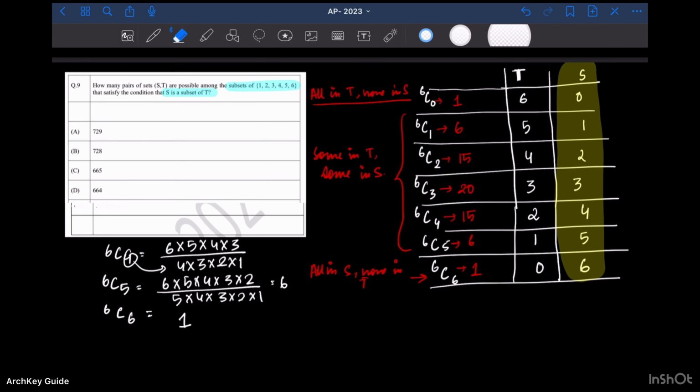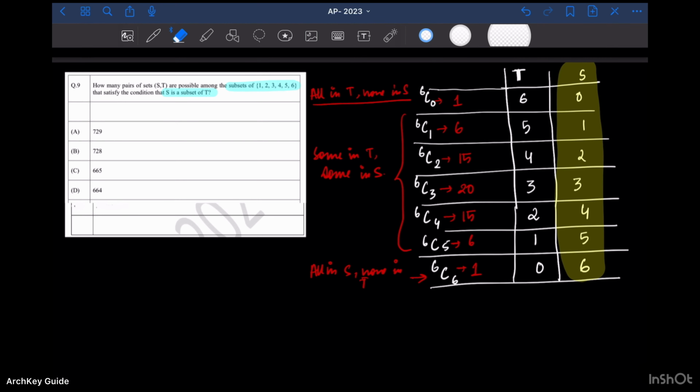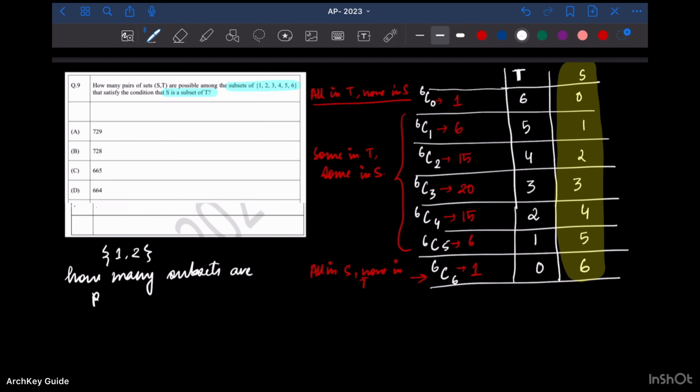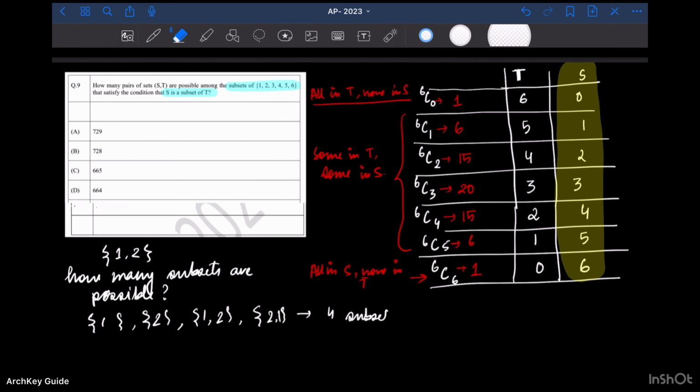It's because, let's again take an example. If we have two numbers in a set, how many subsets are possible? It can be 1, it can be 2, it can be 1 comma 2, or it can be 2 comma 1. So a total of 4.